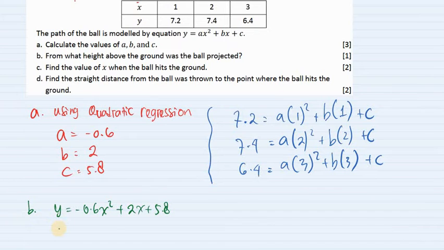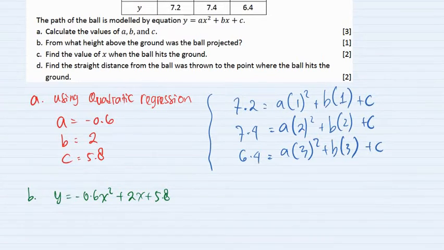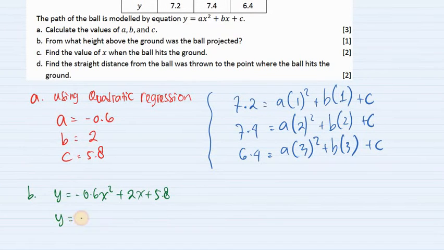And then we know that the y is equal to something. When the ball was projected, it means the x is equal to 0. So y equals negative 0.6 times 0 squared, this becomes 0, plus 2 times 0 is 0, plus 5.8. So y equals 5.8.